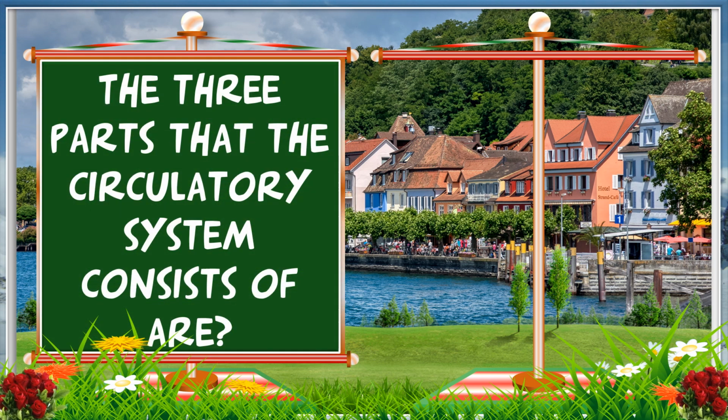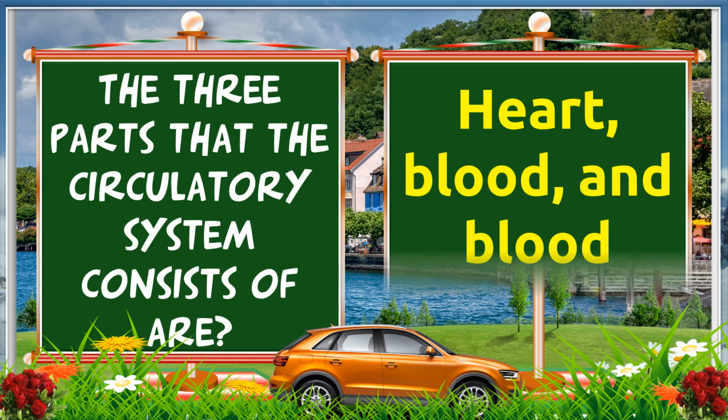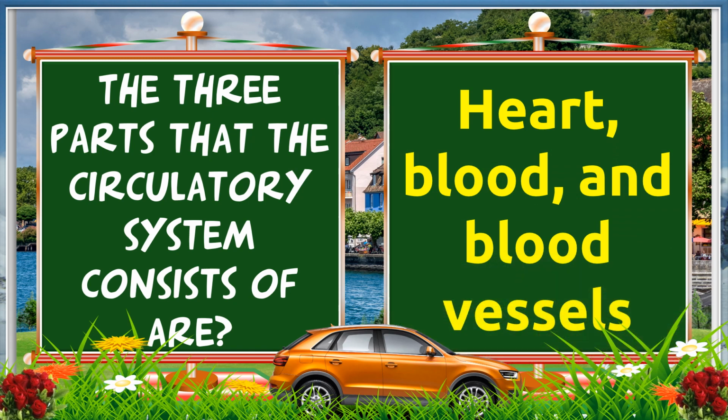The three parts that our circulatory system consists of are heart, blood, and blood vessels.